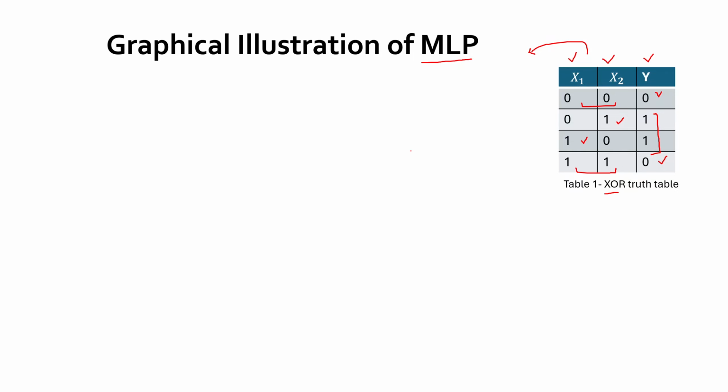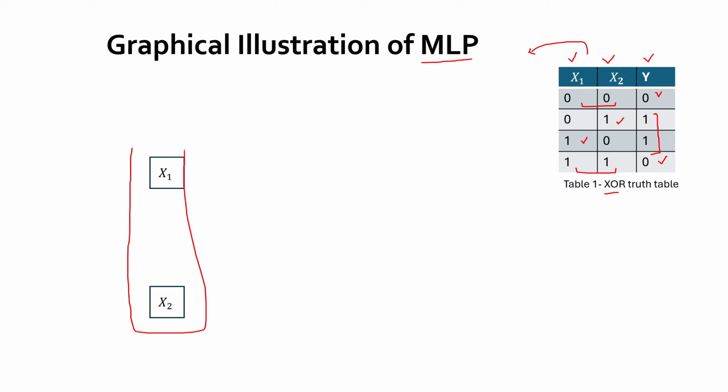So let's see. For this, the multi-layer perceptron could look something like this, where you will have one input layer, where the two inputs, x1 and x2, will be processed. This is your input layer.